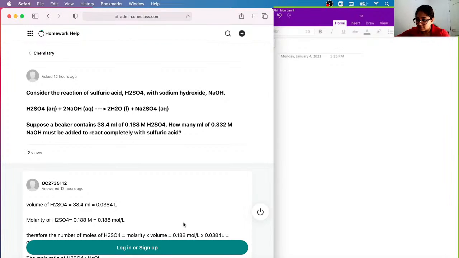Okay, so what we need to find here is the volume of sodium hydroxide.